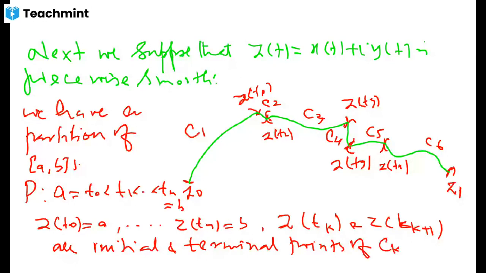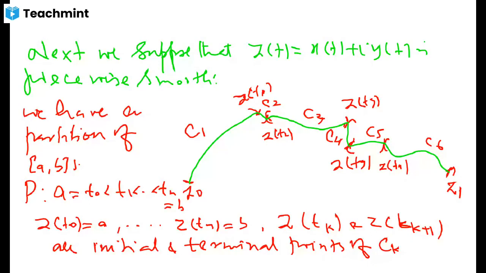Now the next thing that you have to keep in mind is that the terminal point of C1 is the initial point of C2, and the terminal point of C2 is the initial point of C3. They are joined with each other. So the terminal point of one is the initial point of the other. We have to keep this in mind.